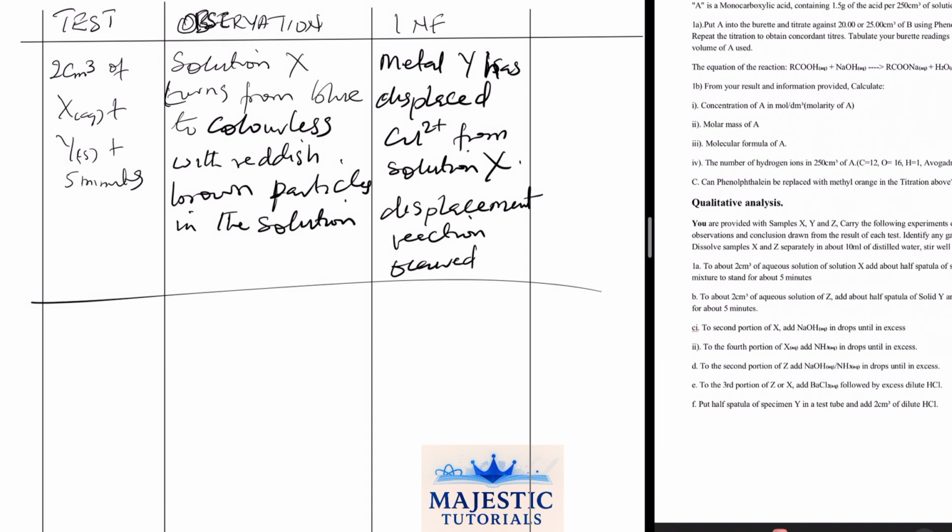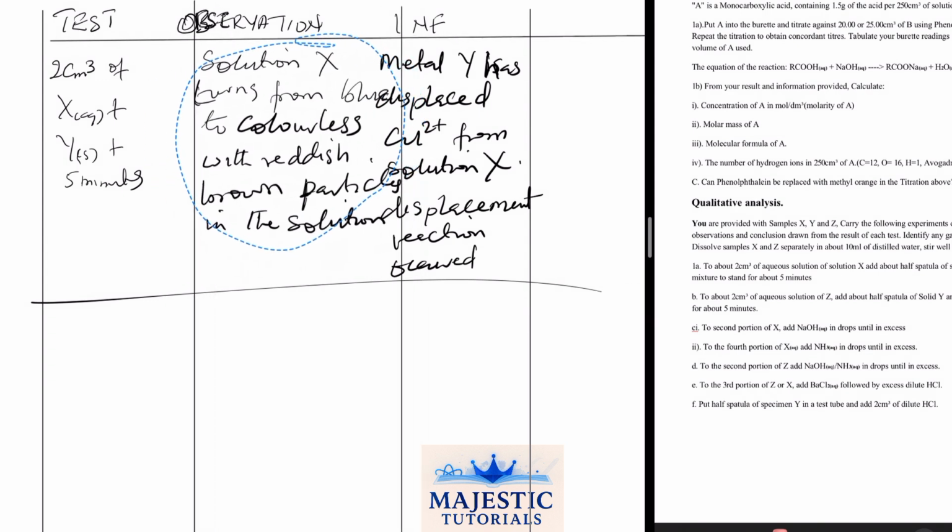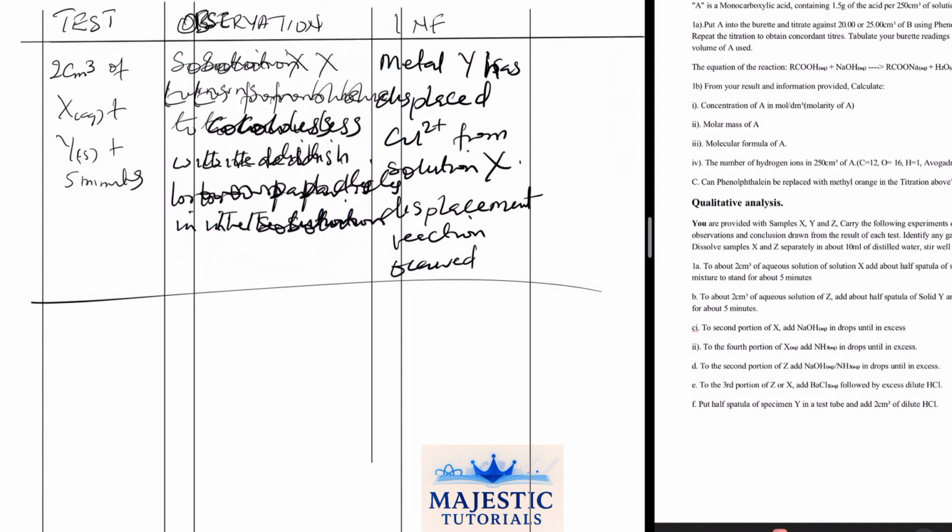So the solution turns from light green to colorless, with reddish brown particles. It is going to be the same report you got here. The only difference is that you will no longer be talking about blue to reddish brown, but rather the solution moving from light green, because iron(II) is light green.